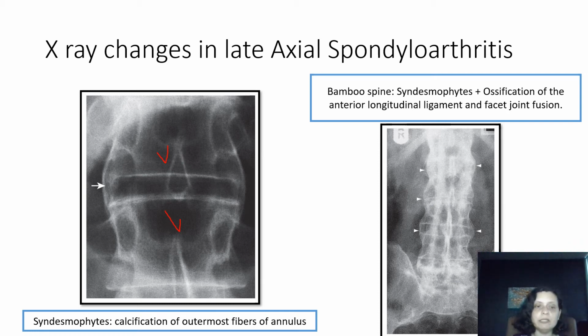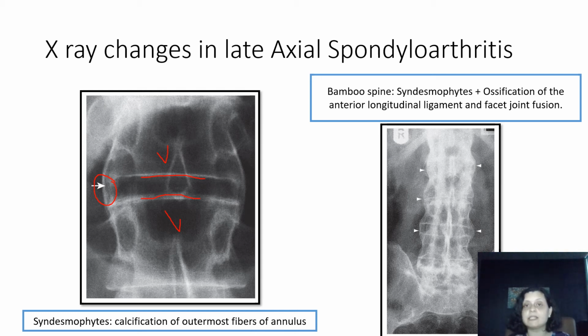In between these vertebrae, there is a disc space. Typically, the disc is surrounded by a connective tissue called the annulus, okay? That's a ring. Annulus is a ring. In late axial spondyloarthritis, you get calcification of the borders of the annulus, giving these syndesmophytes. That is, you see these bridging syndesmophytes, which technically you shouldn't see any calcium.